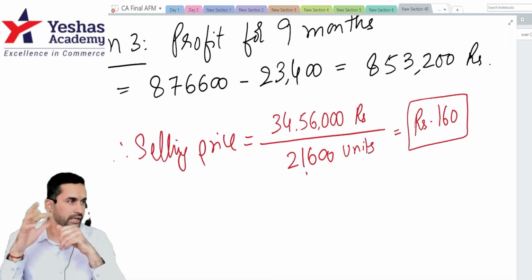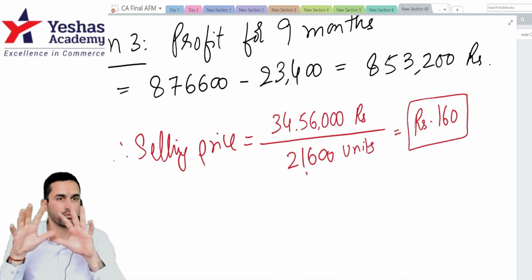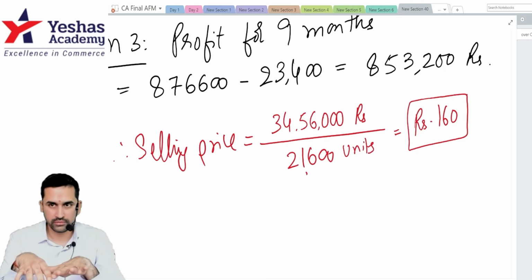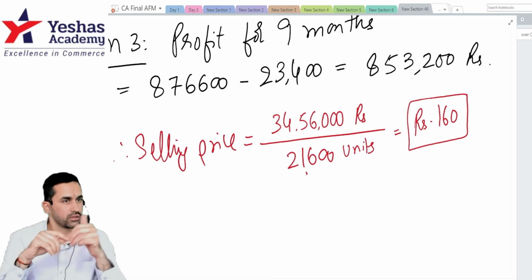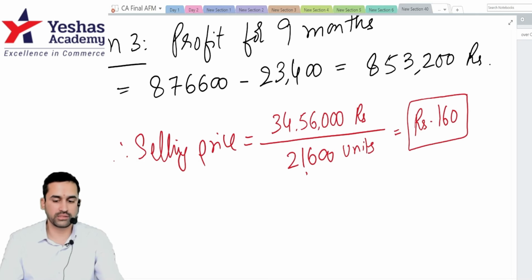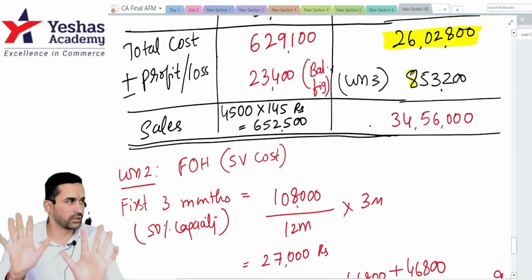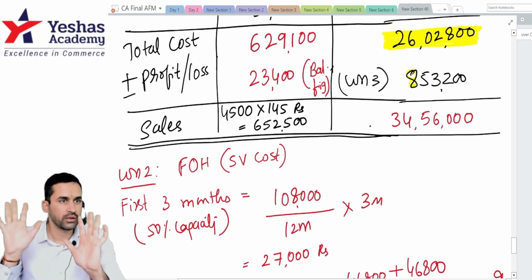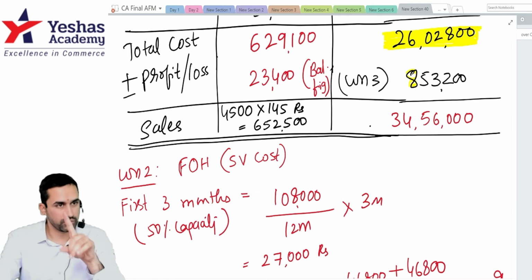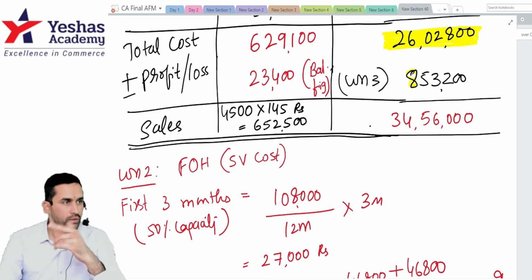Done. Any question in accounts, costing, and FM, once you feel you have done, before going to next question, go back to question and see what exactly they have asked. Many students will stop once they reach 3456000. They think two cost sheets have prepared. If question is for 10 marks, they'll lose 1 mark for not showing the price. The best practice is once you are done, go back.